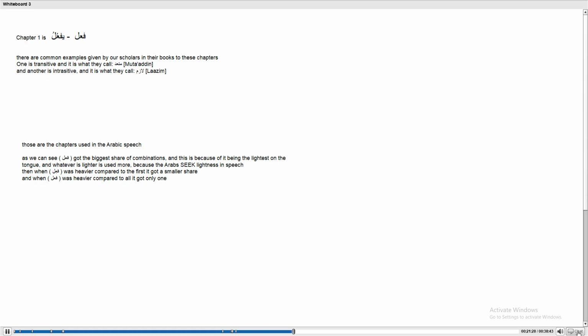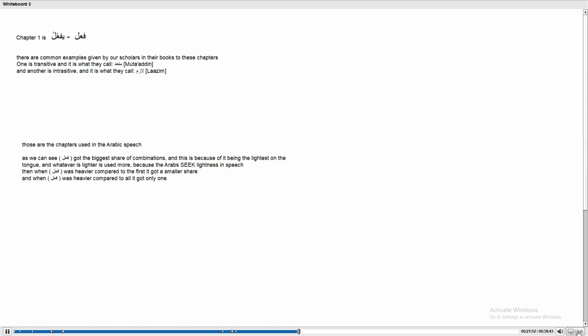It doesn't make sense. واضح? And that's what makes it intransitive. It only concerns the doer, not a receiver. When the act concerns a doer and a receiver, it is called muta'addin.